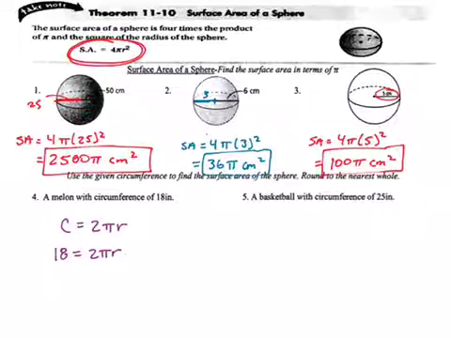We're trying to solve for the radius so we can find the surface area. So we'll divide both sides by 2 pi, and we get that the radius in this case is 2.86. Now that we know that, we can find the surface area, which is equal to 4 pi times 2.86 squared.